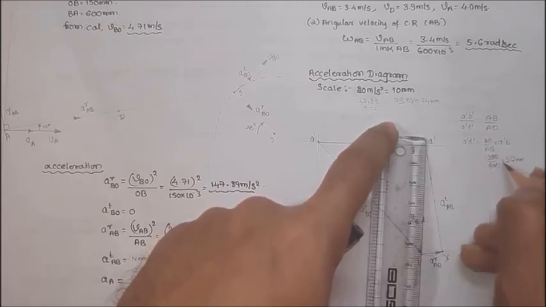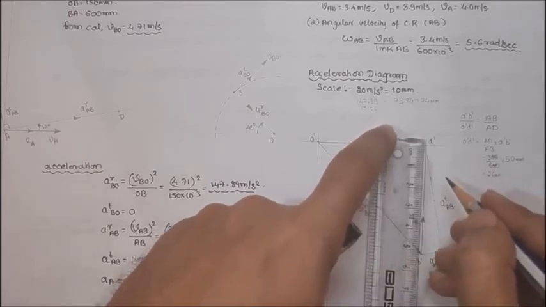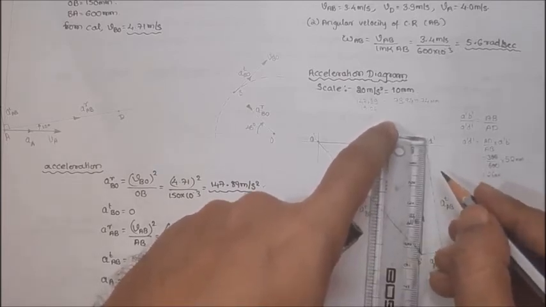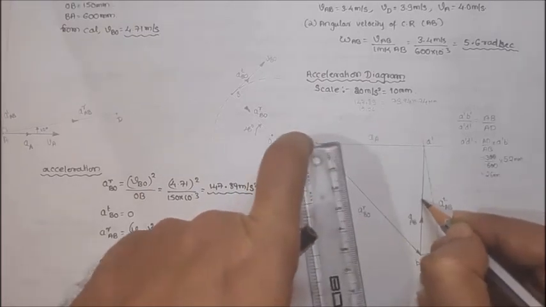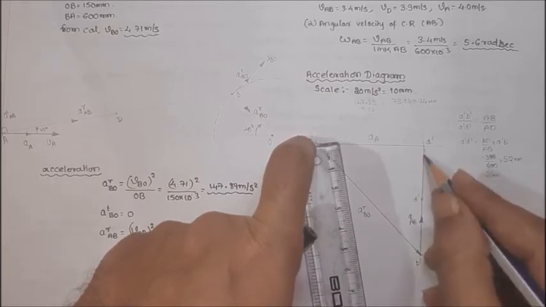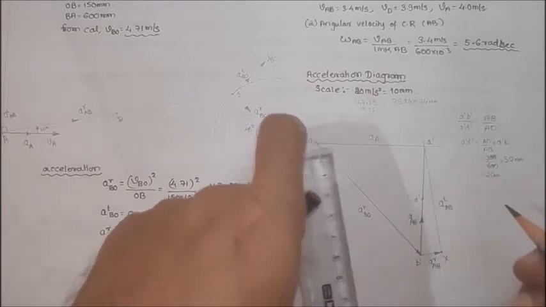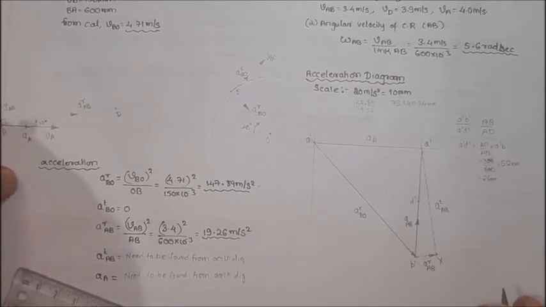So half of this will get cancelled, it will be 1 by 2, so it will be 26 mm. So at a point from A dash, here, I'll name this one D dash. So from here to here it is 26 mm. So we got the D dash.